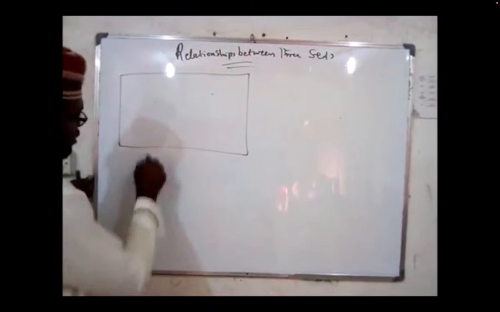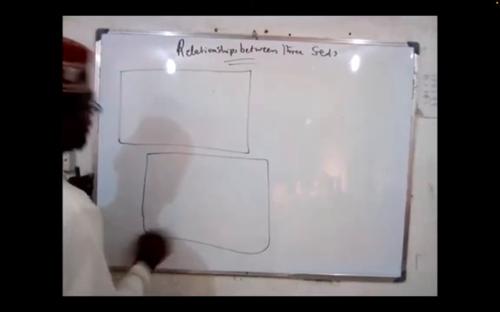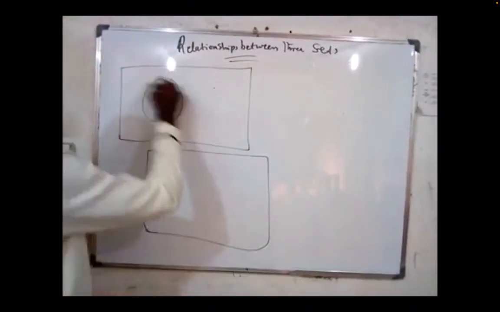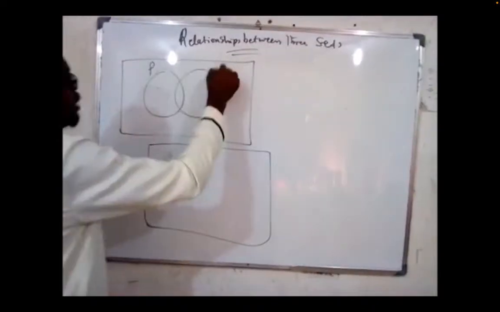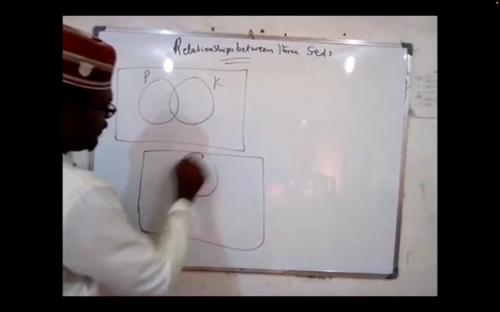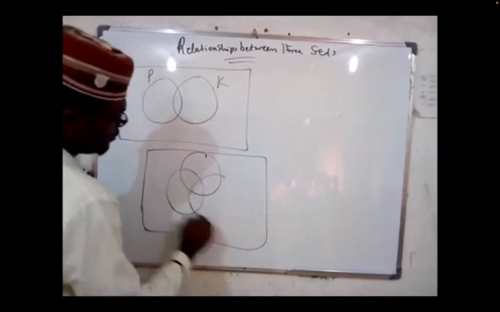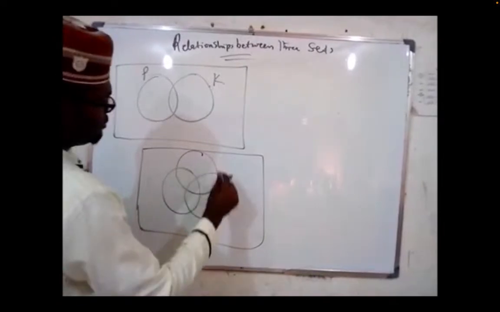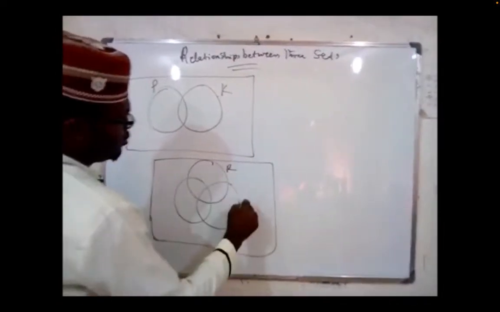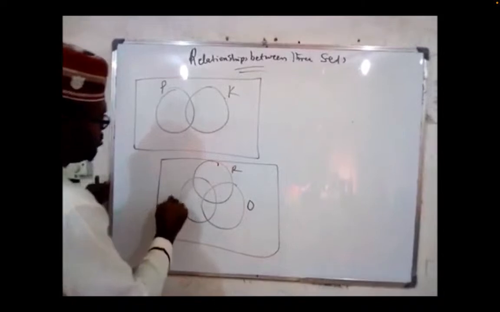And this is the second one. Here we have two sets, P and Q. And here we have three sets, and we have R, O, M. Is that clear?